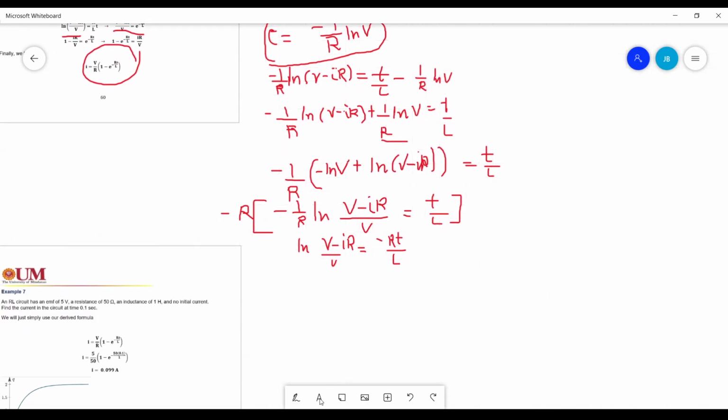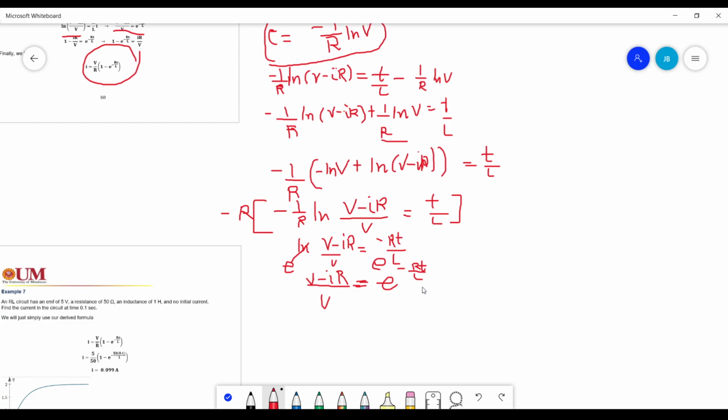What's next? So we have to eliminate ln. So how are we going to eliminate ln? We have to do like this, no? E raised to the logarithmic will just be equivalent to that one, so makancel. So v minus ir over v is equal to e raised to negative rt over l.